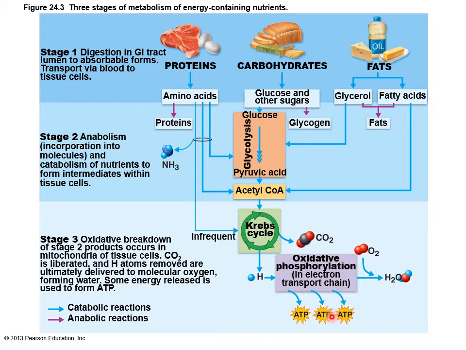So, breaking down carbohydrates, proteins, and fats in the digestive tract. Those breakdown products can be taken into cells and restructured and stored as proteins, glycogen, and fats, but they can go through this process and make ATP because you need ATP to be able to drive the machinery that does all this. Okay, so this process is what we're really going to spend some time talking about.